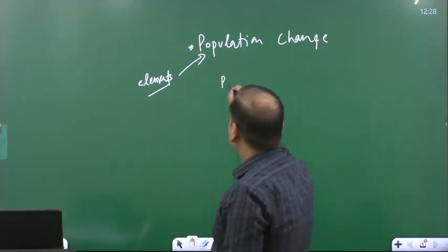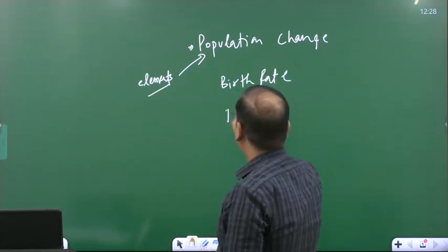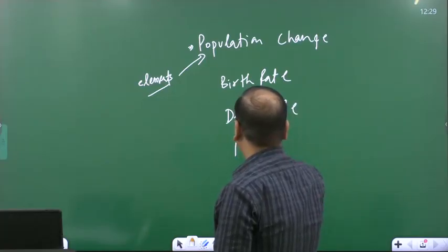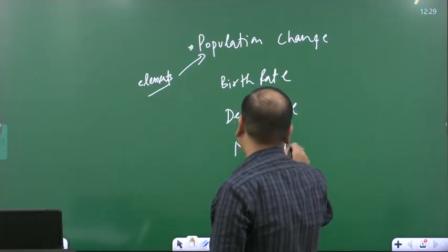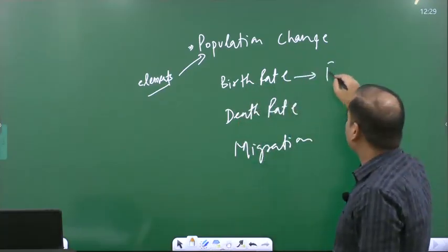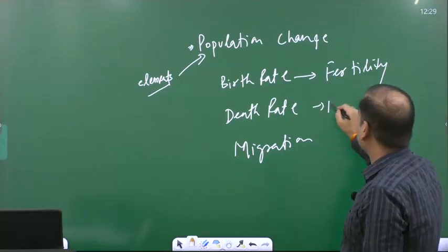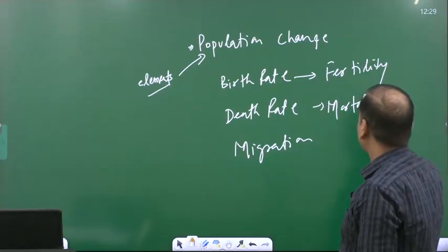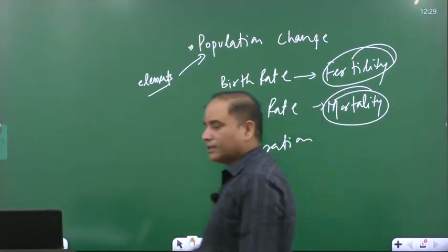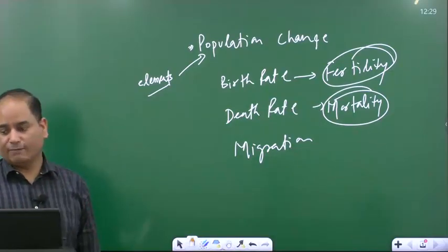Birth rate, then death rate, and migration. In simple terms, birth rate we refer to as fertility, and death rate is mortality. So fertility, mortality, and migration are the three important elements of population change.